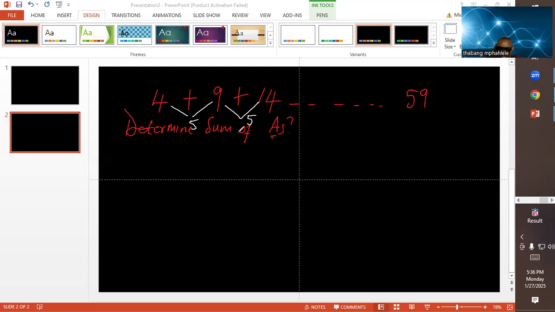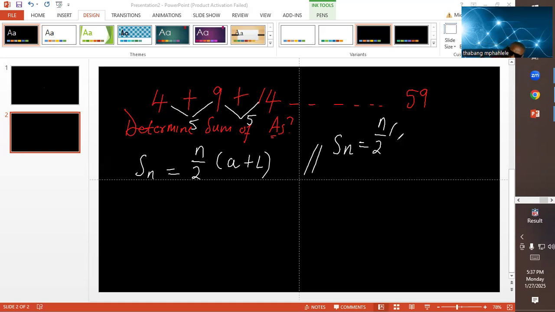But you already know the formula actually. You are going to say Sn equals n over 2. You can go for (a plus l). You can use this formula. You can say Sn equals n over 2, (a plus l). You can use this one, or the one which I prefer: Sn equals n over 2, 2a plus (n minus 1)d.